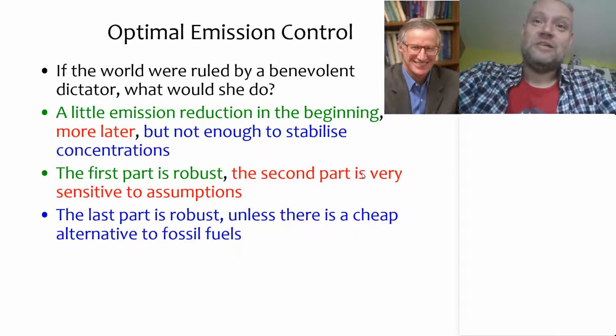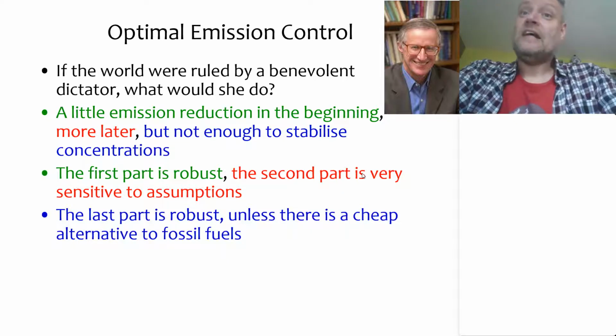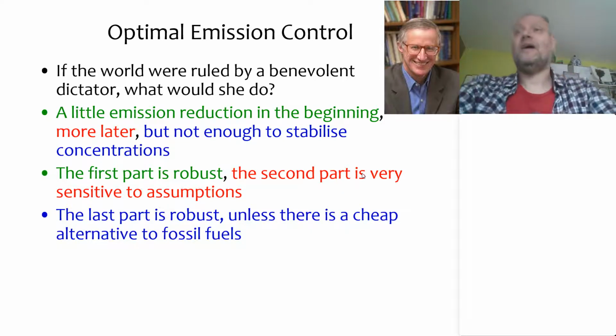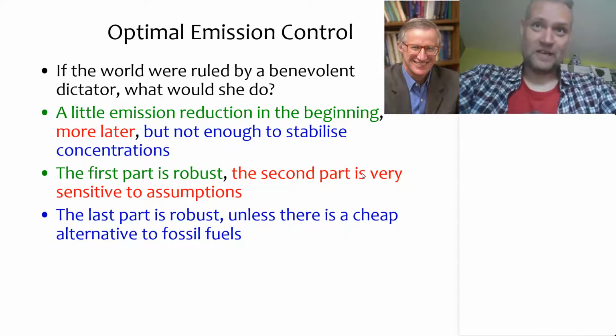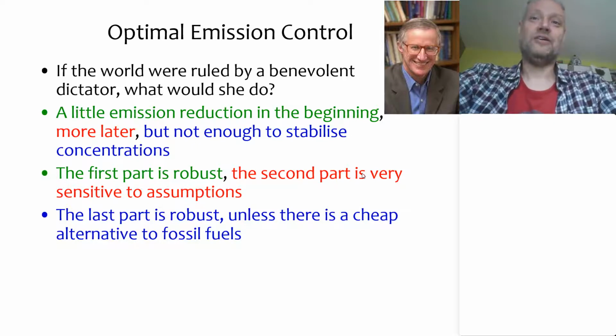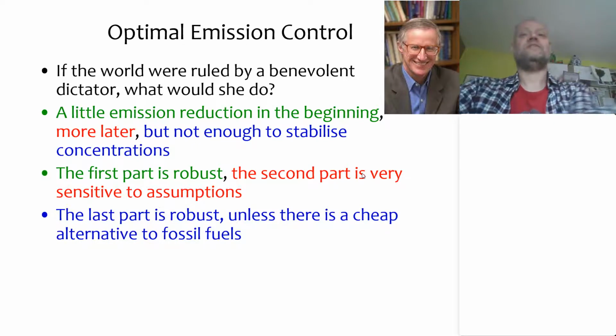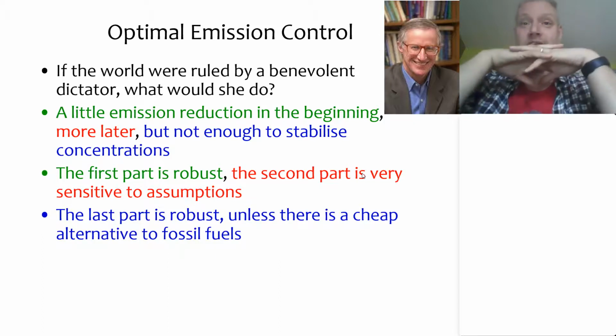You're essentially punishing people for decisions they've made in the past. Unless, of course, the carbon tax is so high that you're going for large-scale capital destruction, and that's just too costly, right? So whatever you do, however you configure your model, you're always going to start slowly and accelerate.